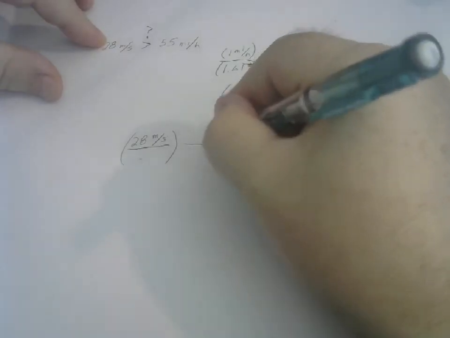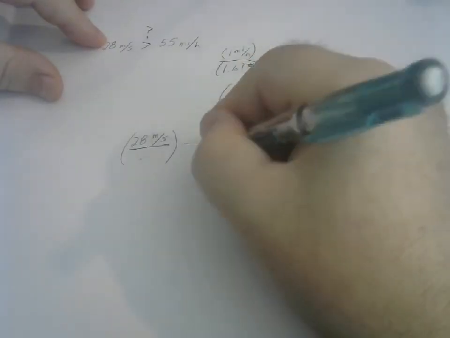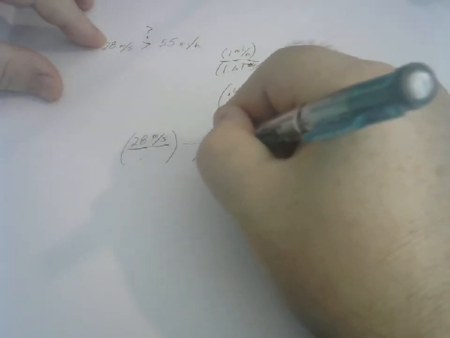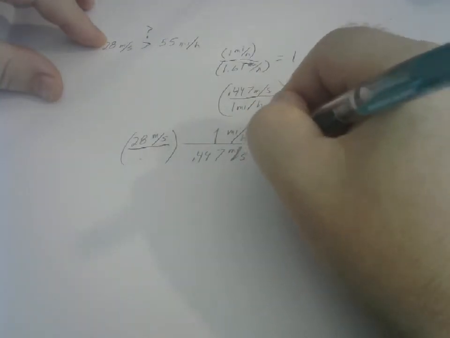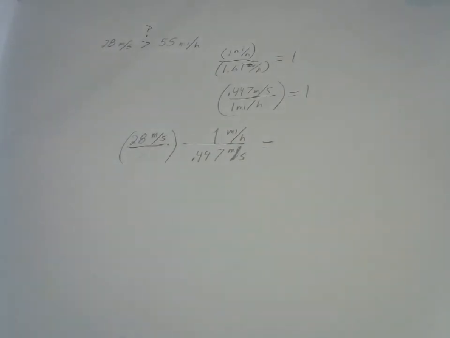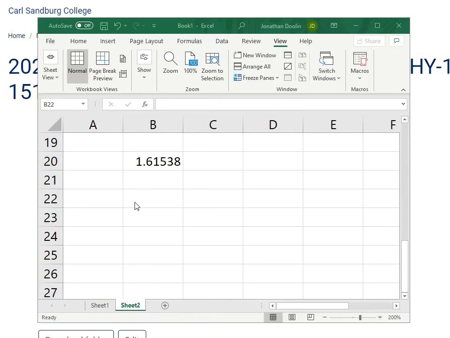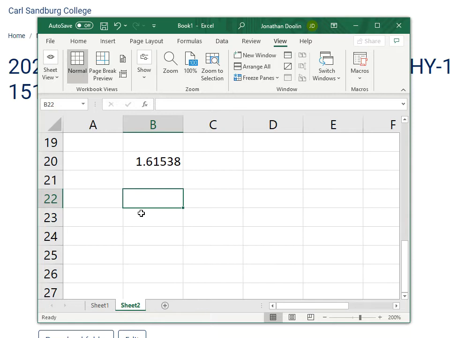So I'll put 1 mile per hour on the top and 0.447 meters per second on the bottom. And we'll find out what that speed is. So I'll get out a spreadsheet program and type in equals 28 divided by 0.447, and it pops up with 62.6 miles per hour.